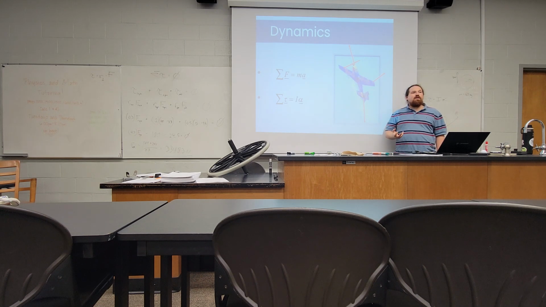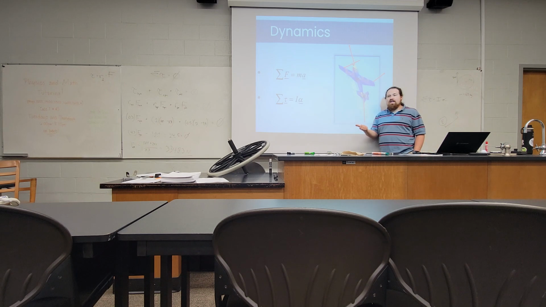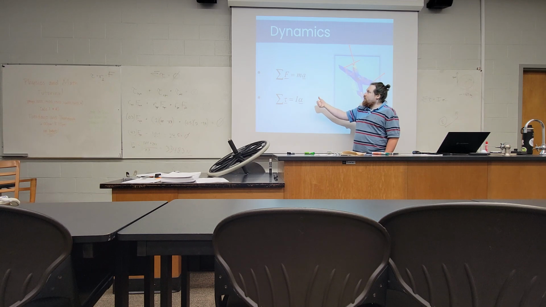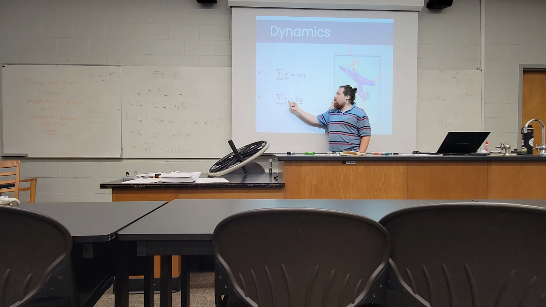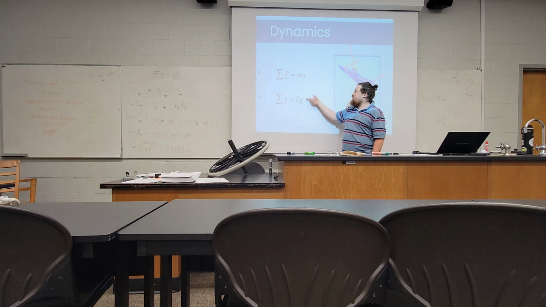And how much an object accelerates depends on the magnitude of the net force or torque, but also on its mass. And I've kind of hand-waved at this formula a few times now. I've tried to compare torque to force and acceleration to angular acceleration.